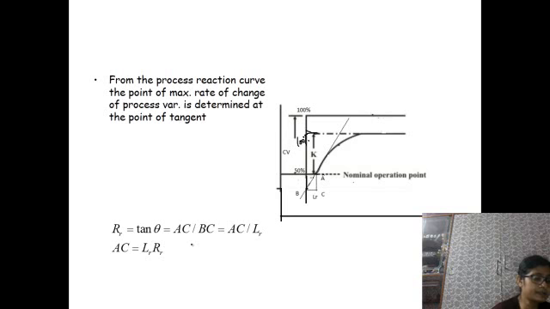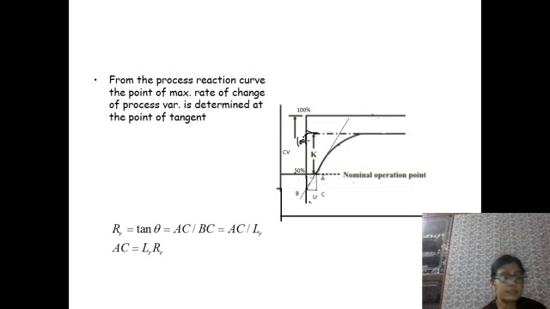The slope of the tangent is measured from the curve, and this slope is equal to the process reaction rate, that is RR, which equals tan theta. So that can be determined from the response characteristics.